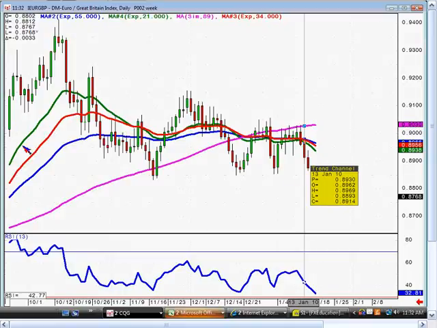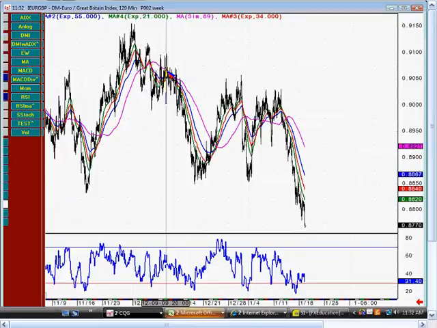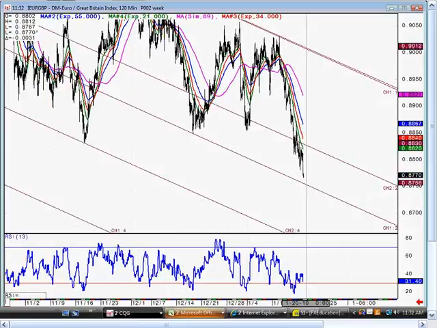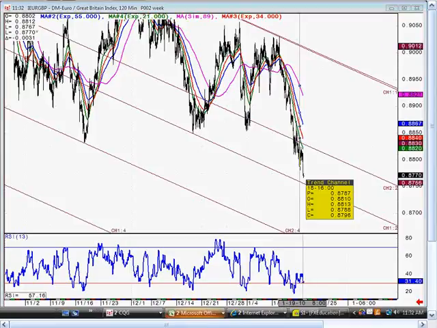Based on this pattern on the 2-hour chart, I'll give you the levels so that it will be much easier for you to see.